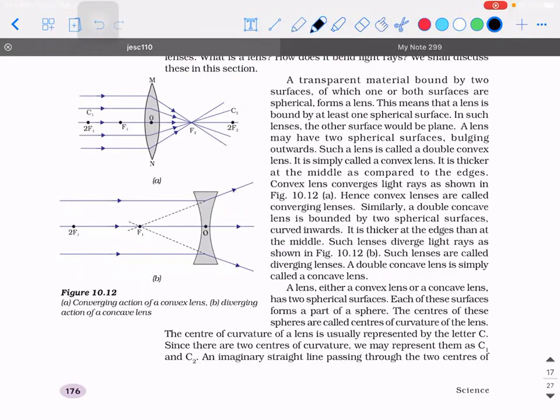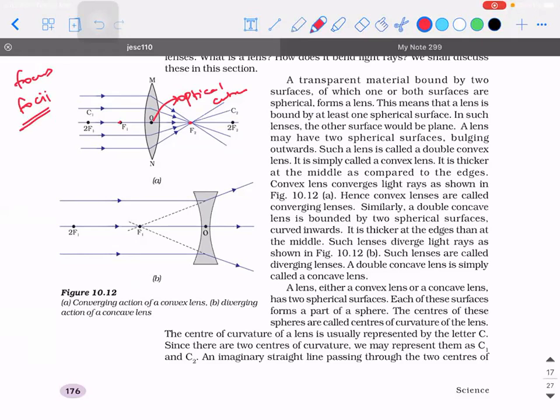We call it the optical center. Then how many foci? See, focus is singular; foci is plural. So how many foci does a lens have? It has 2. So how many centers of curvature does it have? The same, 2.